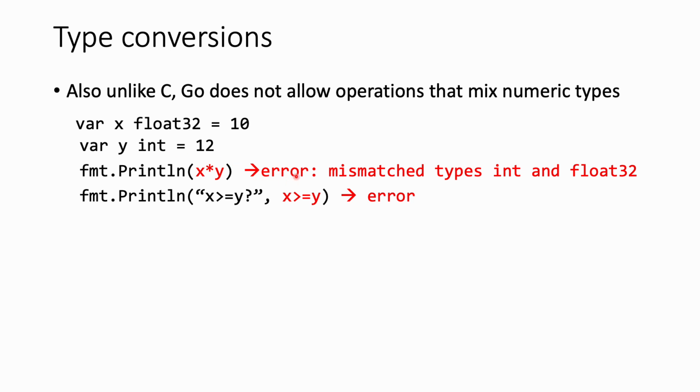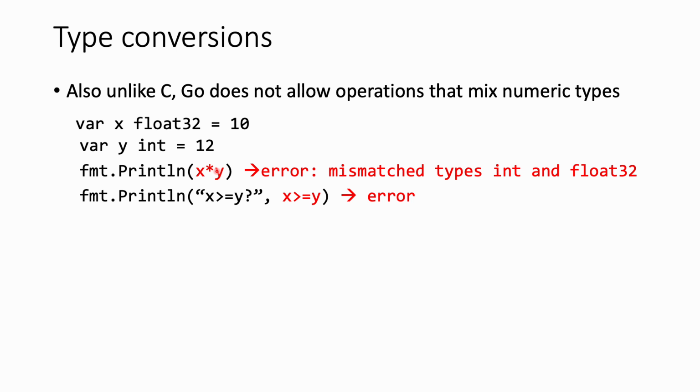And the error message could be mismatched types int and float32. Similarly, the comparison between x and y, where x and y are of different types, is not allowed. But mathematically, since both x and y are numeric values, we should be able to compare them or apply an arithmetic operation between them.